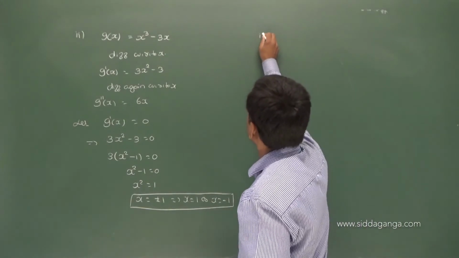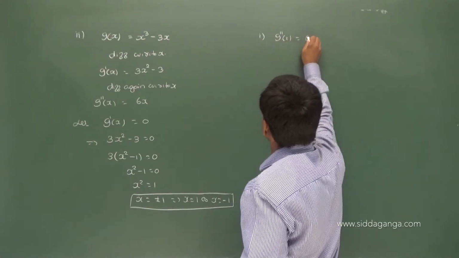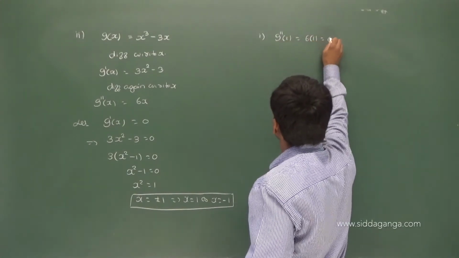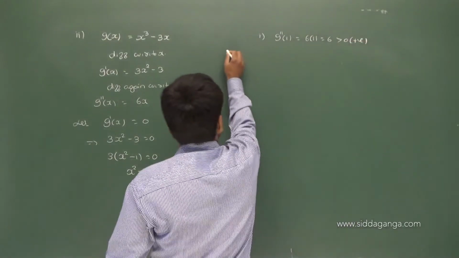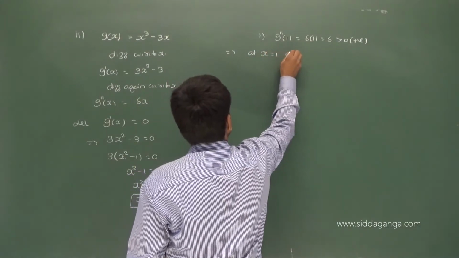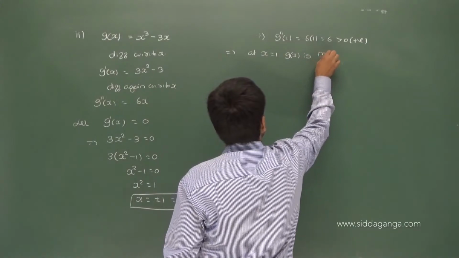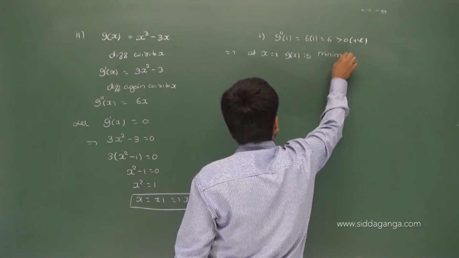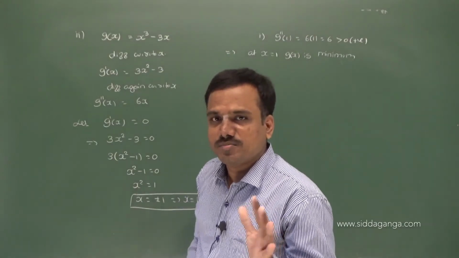First one, g double dash of 1 is 6 into 1, 6, greater than 0, positive. That implies at x is equal to 1, g of x is minimum. Correct? If it is positive, it is minimum.